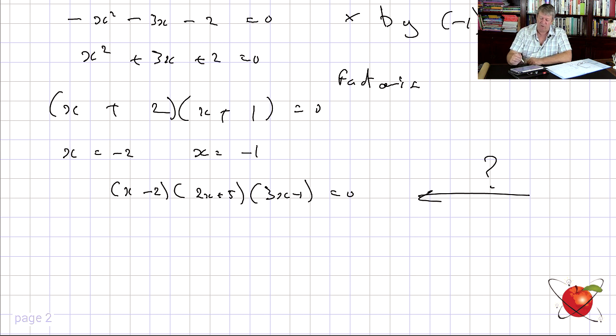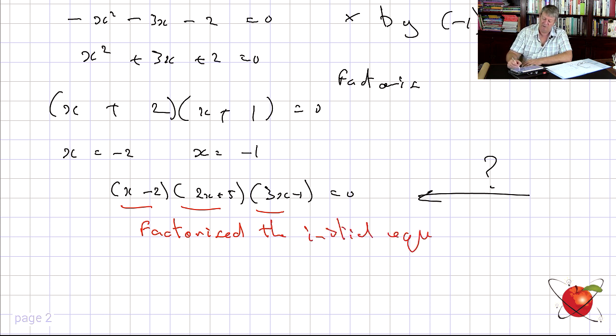Recognize that what they've already done is they have already factorized the initial equation. And what did we do when we had a trinomial over here? We put each bracket equal to 0.